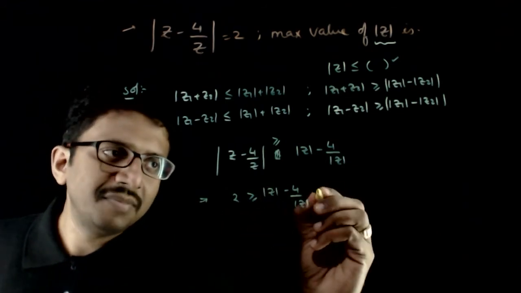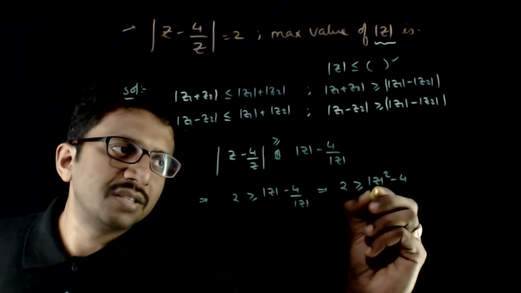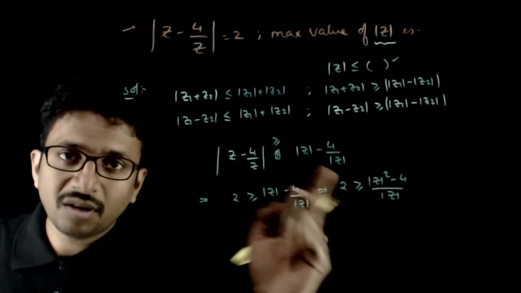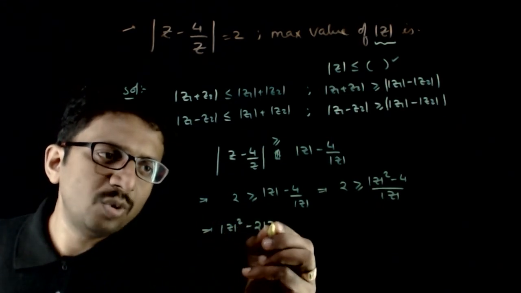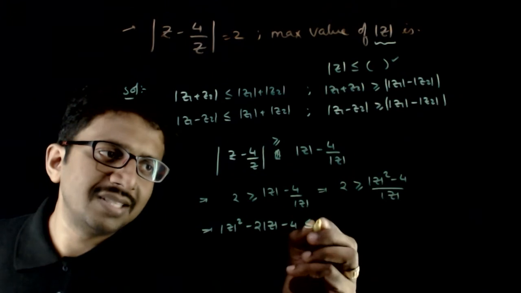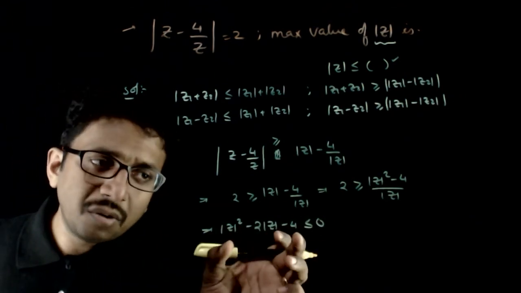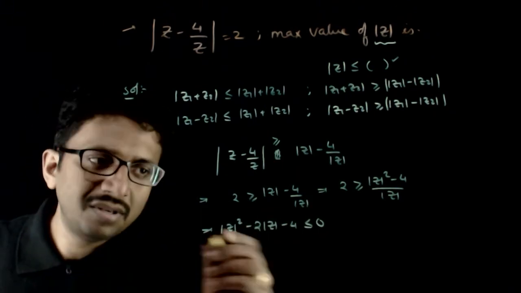So if you take the LCM, 2 is greater than or equal to mod z whole square minus 4 by mod z. And mod z is positive, so I can do the cross multiplication. So you get mod z square minus 2 mod z minus 4 is less than or equal to 0. So a quadratic expression less than 0 implies z lies between the roots.